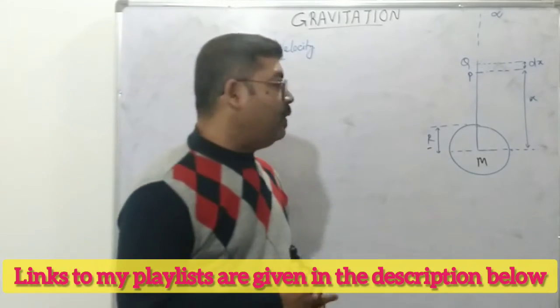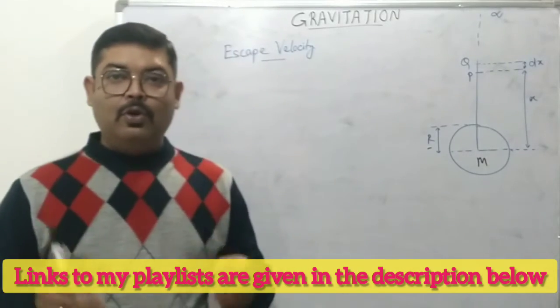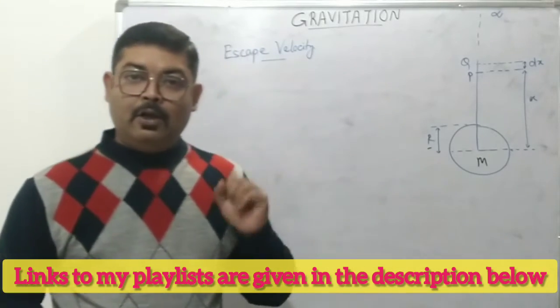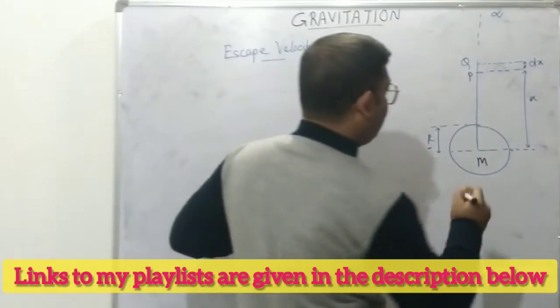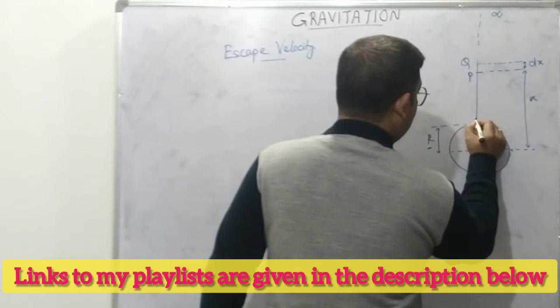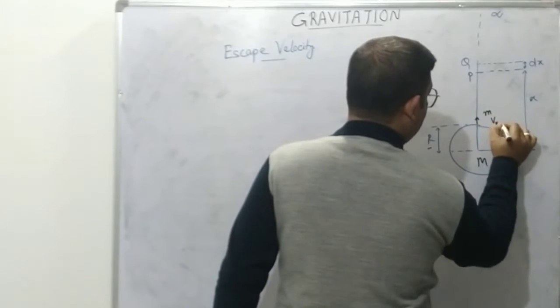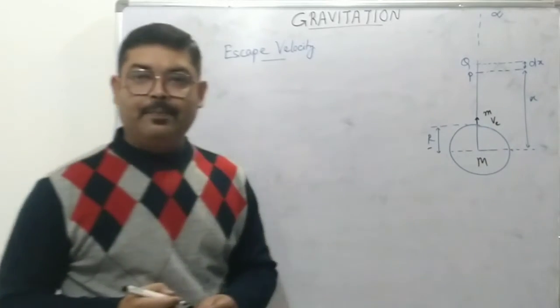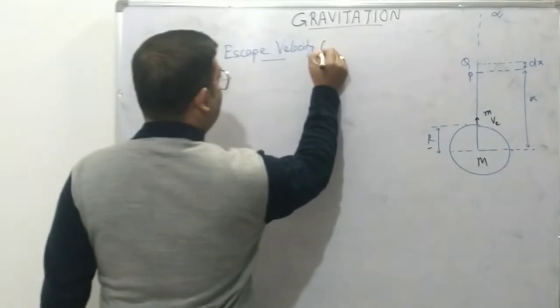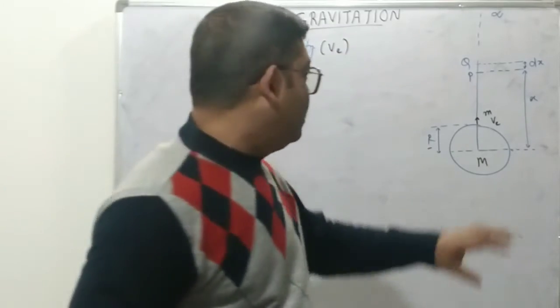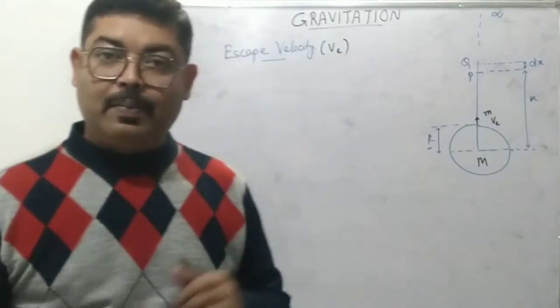We know that the gravitational field has an infinite range, so to escape the gravitational field, it has to go to infinity. So with what speed should we project a mass m, say with speed V_E, so that the object escapes the gravitational field of the particular planet?